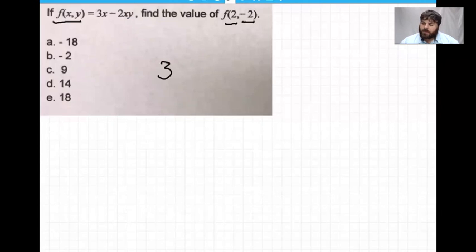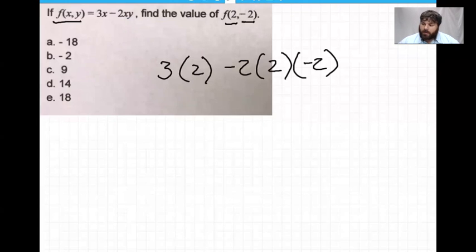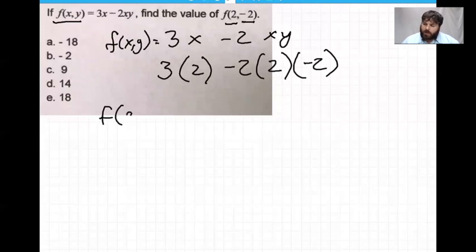So we plug in x equals 2, minus 2 times x times y. What I'm doing is finding f of 2, -2. I just plug in 2 for x and -2 for y.